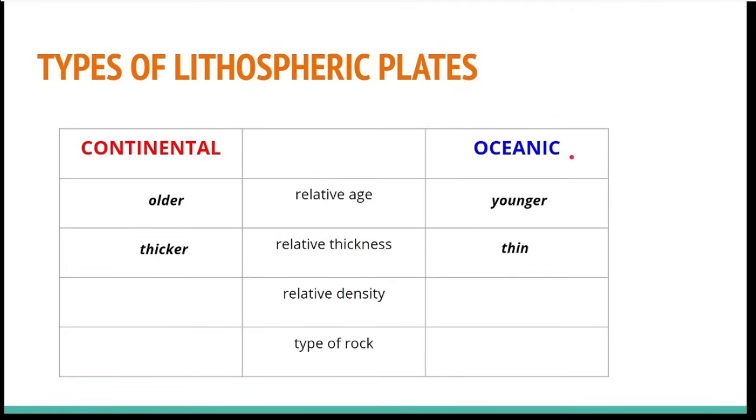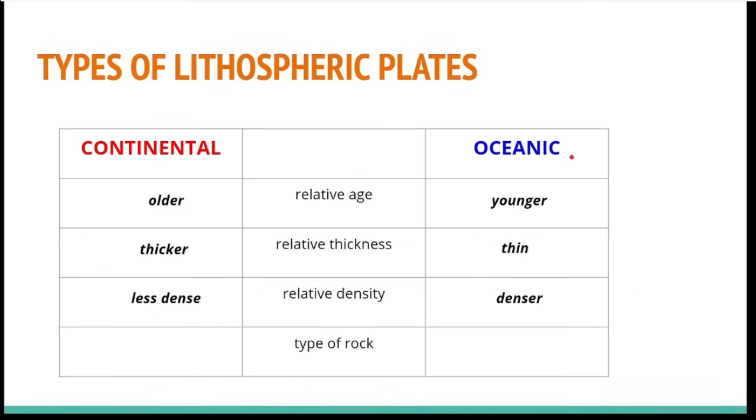Next, the relative density. Which is denser? Okay, so oceanic lithosphere is denser than continental lithosphere.